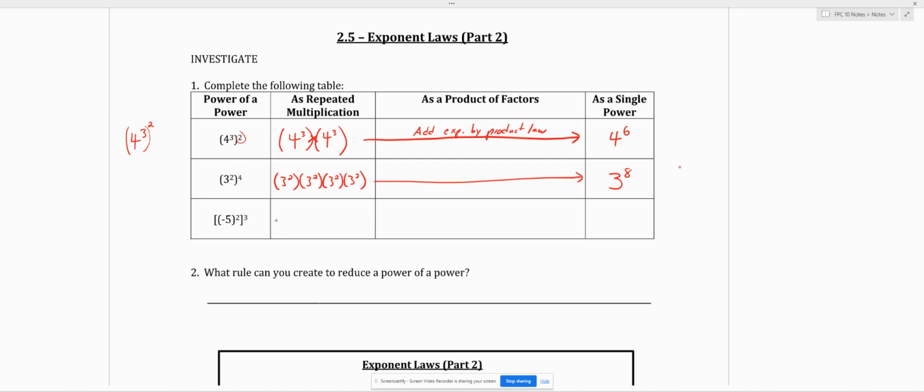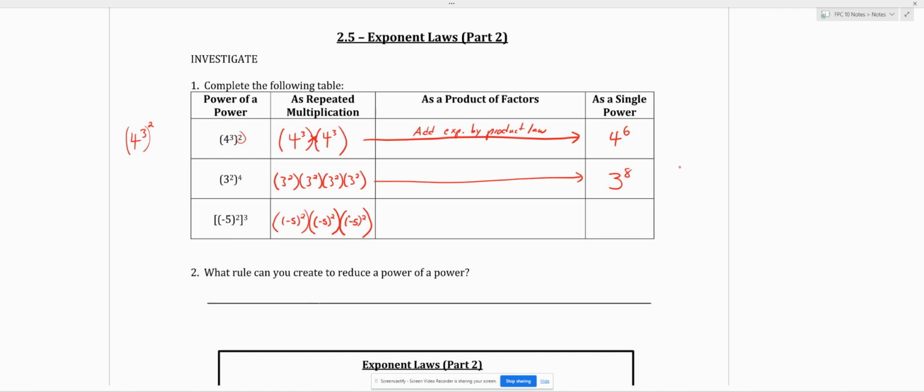Finally, it doesn't matter if I have a negative, we can handle this. So this is saying take negative 5 to the 2, 3 times. So I'm going to write negative 5 to the 2, and that's being multiplied by negative 5 to the 2, and again, negative 5 to the 2.